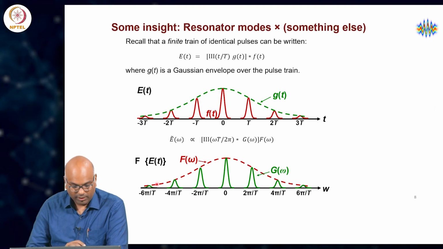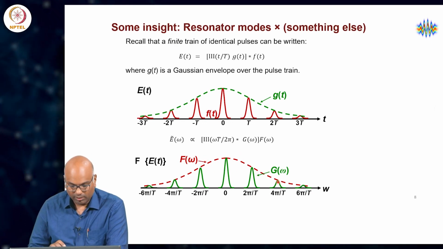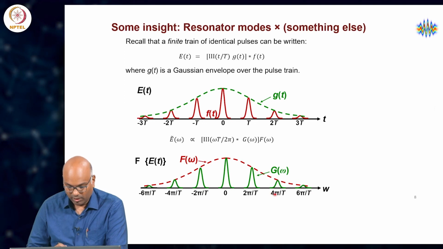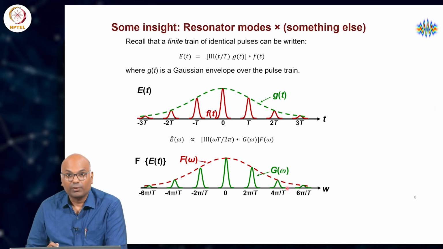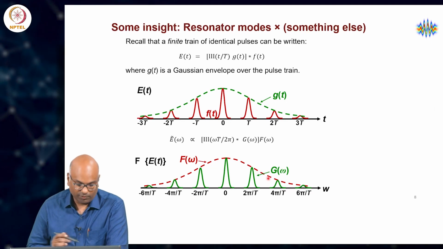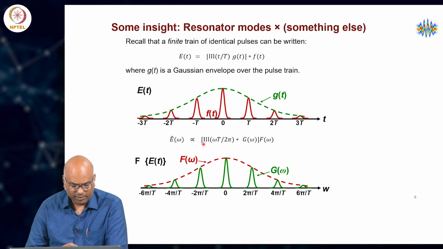And there is a periodicity in the peak structure of the transmission, especially when written down in terms of frequency or angular frequency, or for that matter, round trip phase.